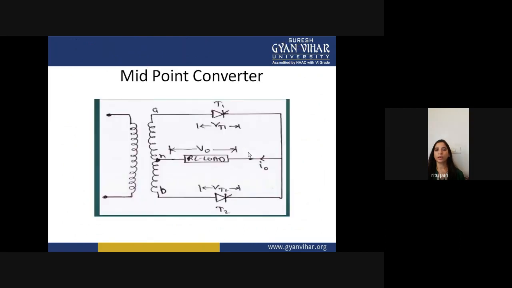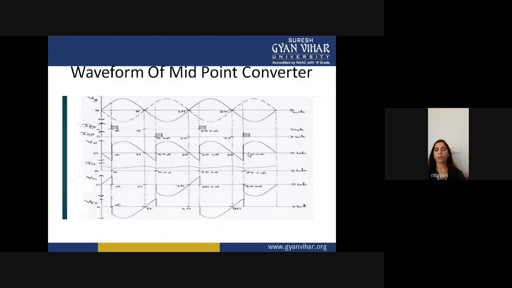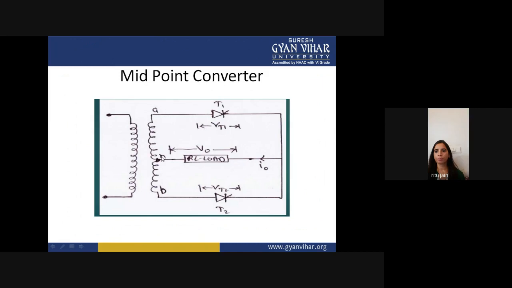So now the point is that during this positive half cycle, you can see that it is conducting from 0 to pi. Okay. So when we apply positive voltage in this circuit, this terminal becomes positive and this terminal becomes negative for the positive half cycle.